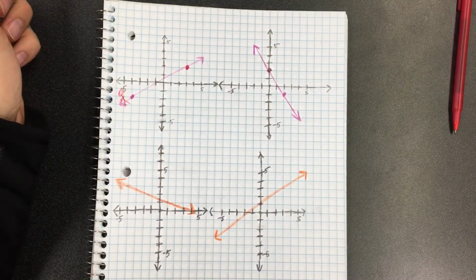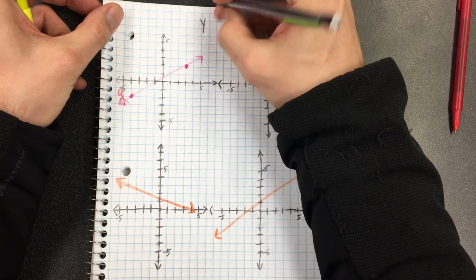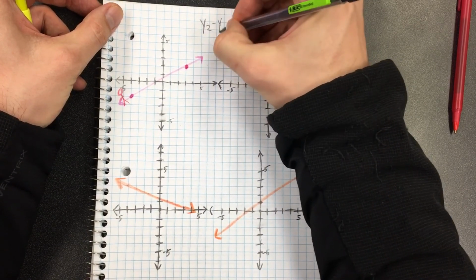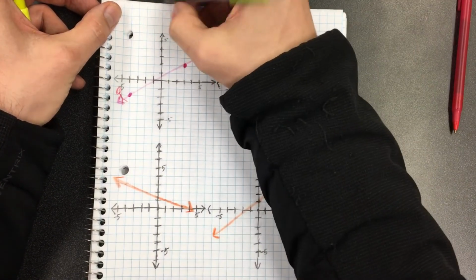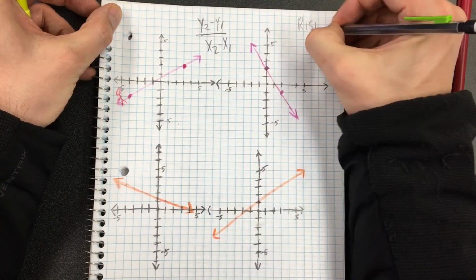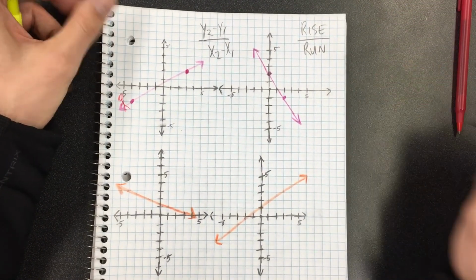Remember, what we're going to be looking to do here is find the change in y, how much it's rising over how much it's running. You can write it like that, or you can write it like this, rise over run. Something like that, right? So how do I do this?